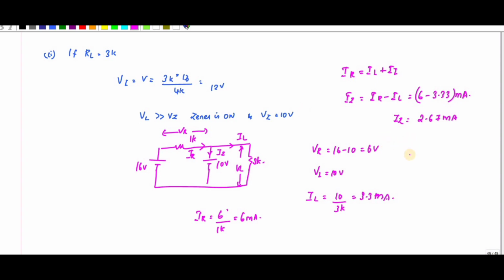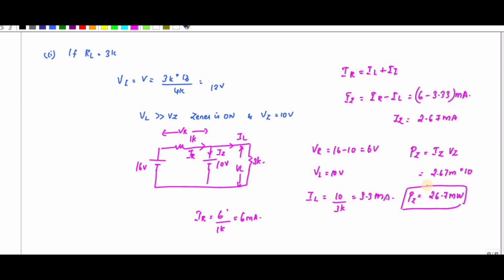Okay, so if we have the IZ value, what is PZ? PZ is equal to IZ into VZ. That is 2.67 milliamps into 10. That is nothing but 26.7 milliwatts. This is your PZ.